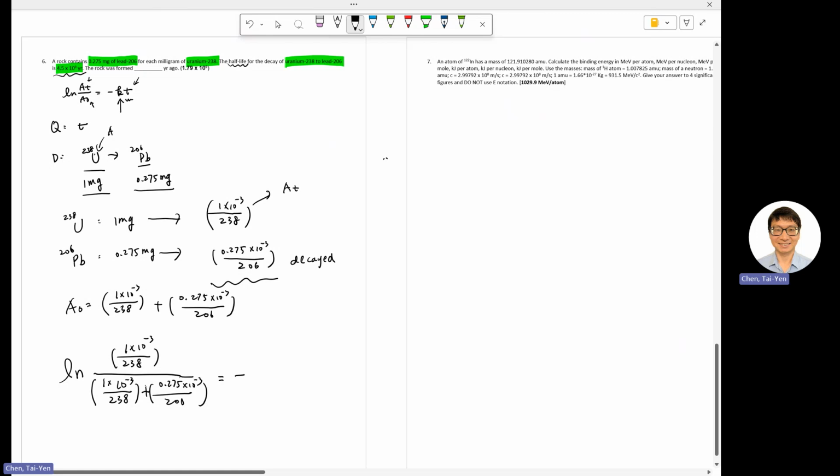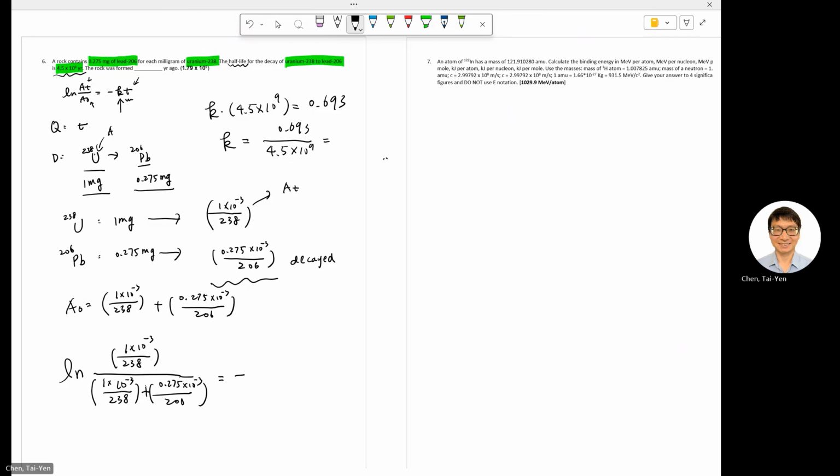But we know the T half is 4.5 times 10 to the 9 years, and the T half equals 0.693 over K. Therefore, your K will equal 0.693 divided by 4.5 times 10 to the 9.